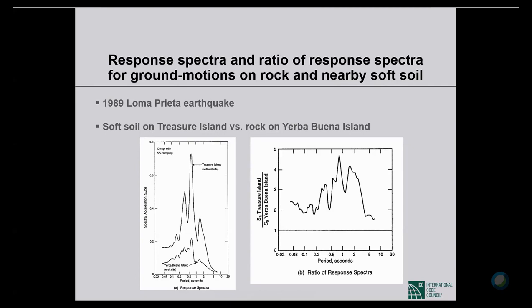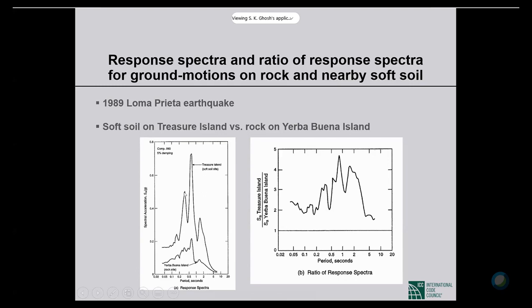Okay, we are looking at two sites: Treasure Island, which is a soft soil site; Yerba Buena Island, which is a rock site. This is spectral acceleration at the Treasure Island site, soft soil. This is the spectral acceleration plot at the Yerba Buena Island site, which is rock. You see the amplification due to soft soil.